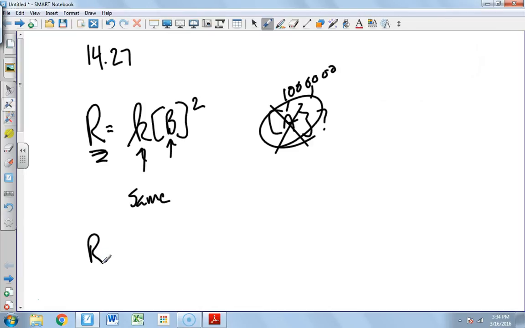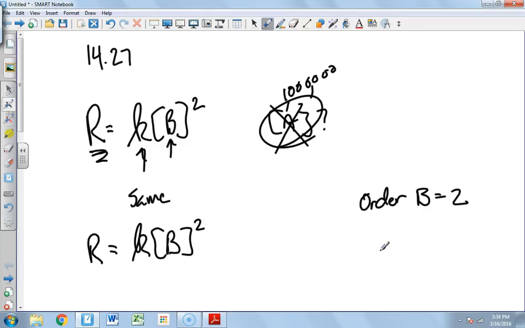So maybe mathematically, we write this like this: the order with respect to B is equal to 2. Now, A is still in there, but maybe we say that the order with respect to A is 0, because anything to the 0 power is 1.